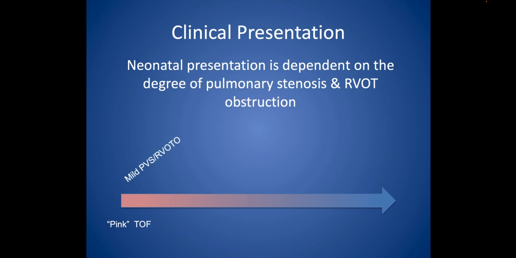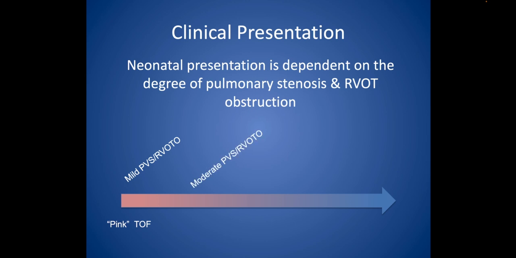When we think about a spectrum of cyanosis, in its mildest form, if you have mild pulmonary valve stenosis with very mild RVOT obstruction, you really don't see much cyanosis, and from a physiology standpoint, what you're really dealing with is a VSD physiology.